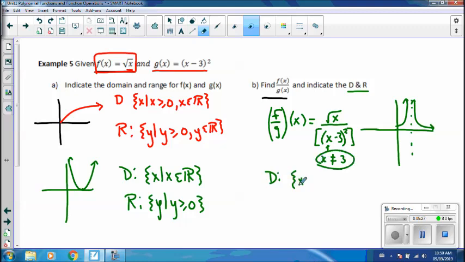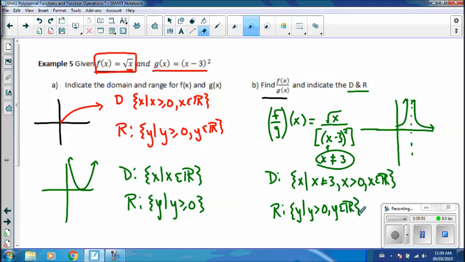So x such that x cannot equal 3. x must also be greater than 0. There we are. And the range, again, you get from the graph, and it is y is greater than 0 as well. All right, here we have it.